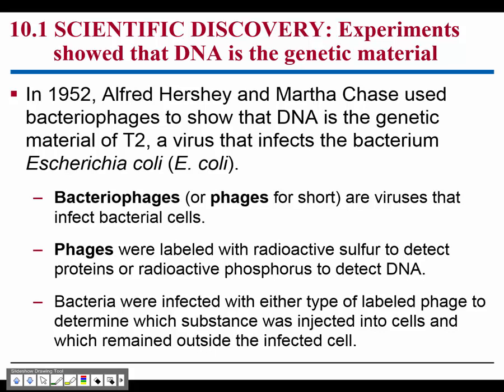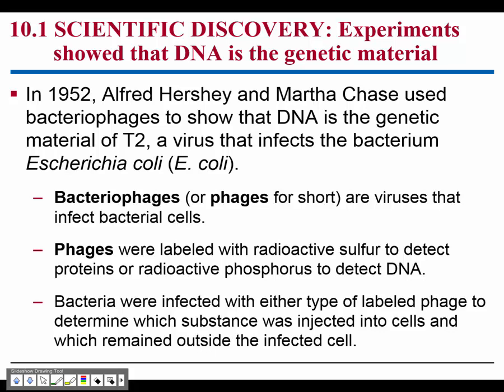In 1952, Alfred Hershey and Martha Chase used bacteriophages, which are really cool, and I'll show you pictures, to show that DNA is the genetic material. They're looking at a virus that infects E. coli. Bacteriophages, or phages, are viruses that infect bacteria. Phages were labeled with radioactive sulfur to detect proteins, or radioactive phosphorus to detect DNA.